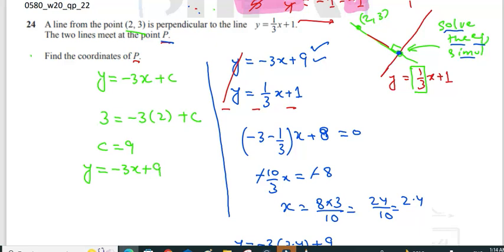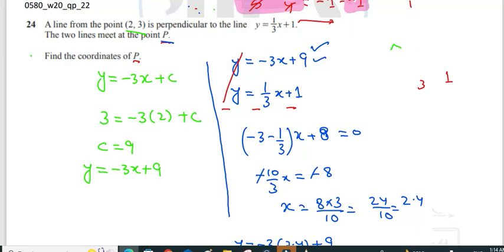So what is this question trying to say? Let me rub this part because I have already made this diagram, but it's better to see this whole equation in a proper form. Now what the question is saying is that a line from this point is perpendicular to the line to this.